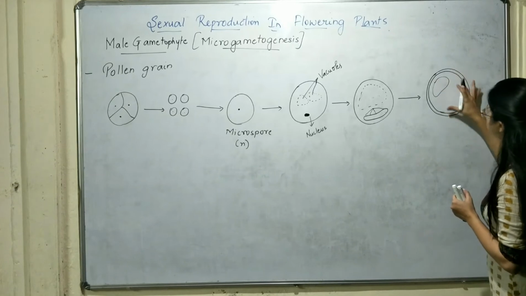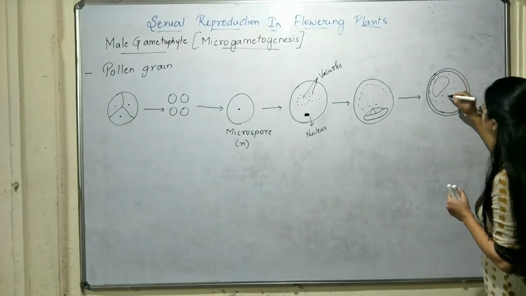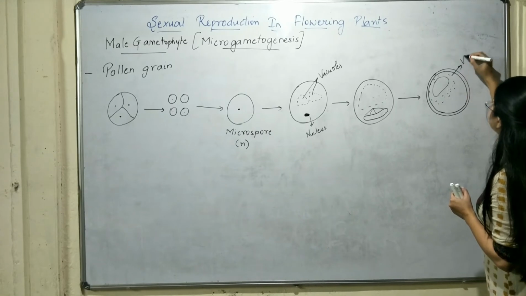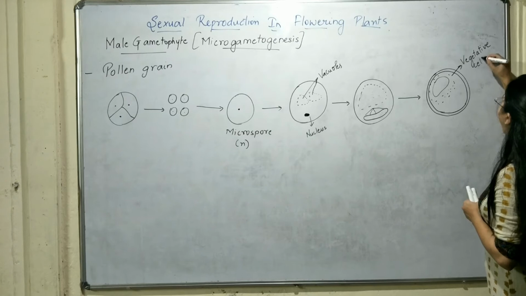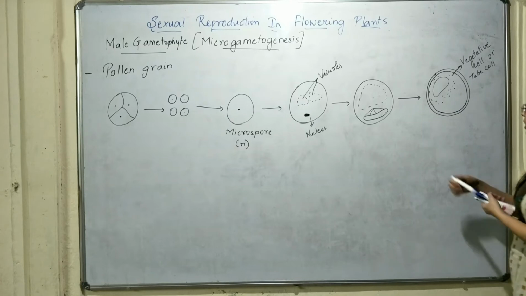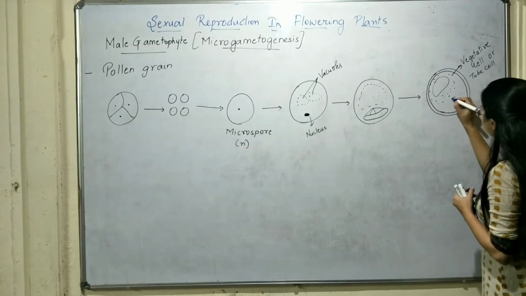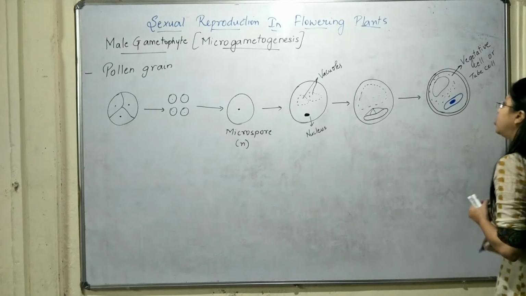The larger cell with more dense cytoplasm is called the vegetative cell, or it can also be called the tube cell. And one more cell will be present. Now this cell is smaller in size, almost spindle shaped, with a spindle shaped nucleus.